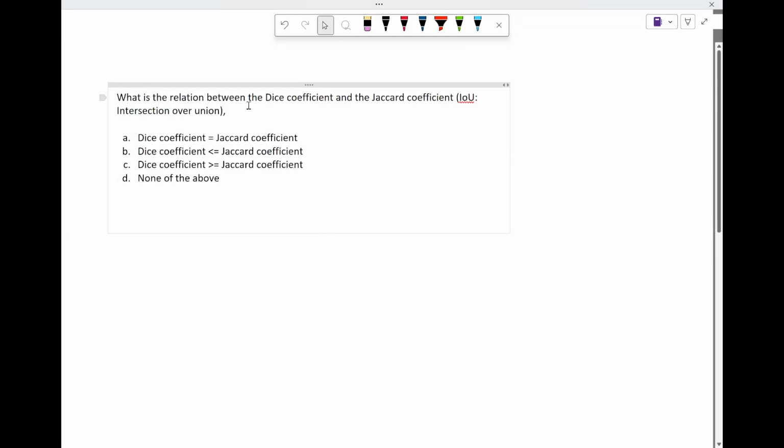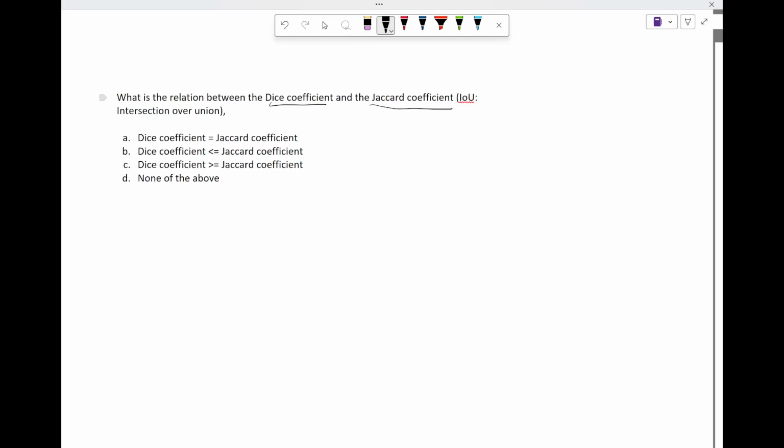What is the relation between Dice coefficient and Jacquard coefficient? That is intersection over union. So just now we discussed Dice coefficient. The Jacquard coefficient, I think it was not discussed in the lectures, but we had discussed it in the previous week's problem solving session.